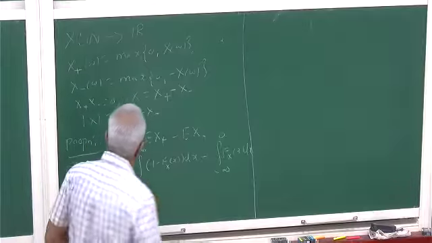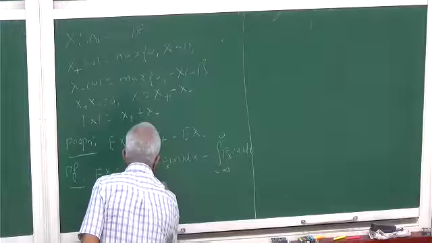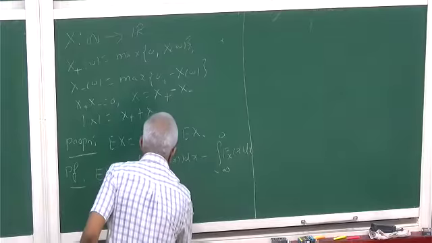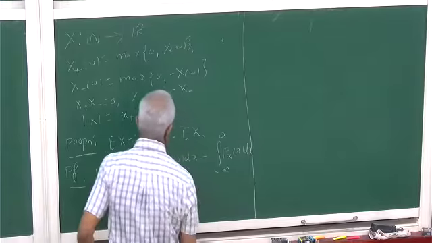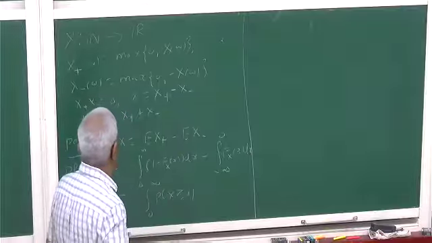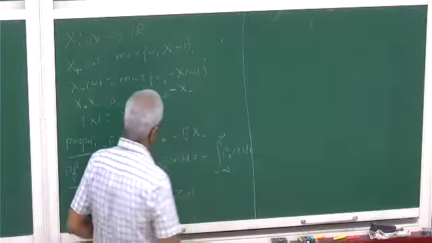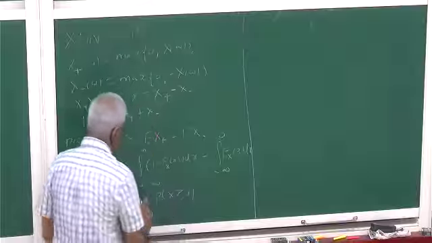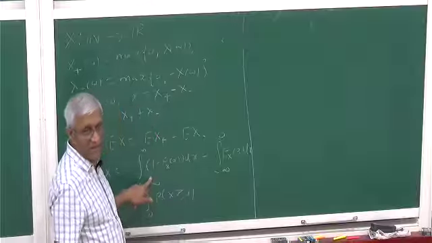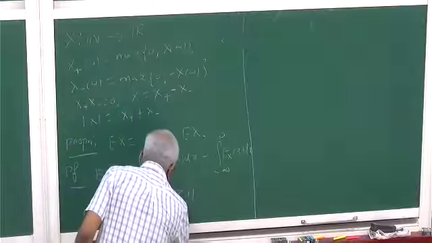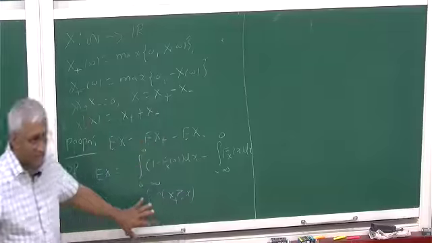And as you can see, this is just the integral from 0 to infinity of the probability of x greater than or equal to x. For x in the interval 0 to infinity, x is positive, so x greater than or equal to 0 is the same as x plus greater than or equal to x.